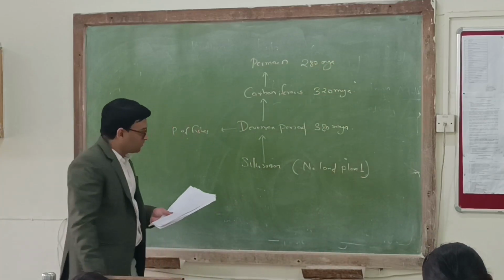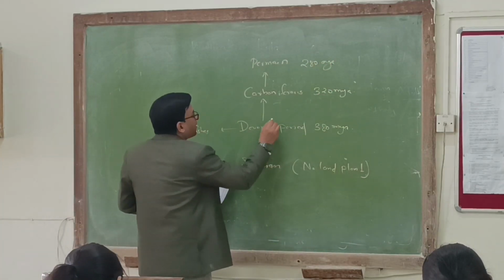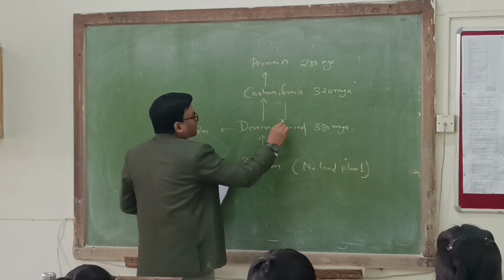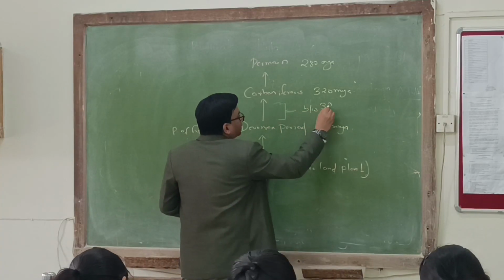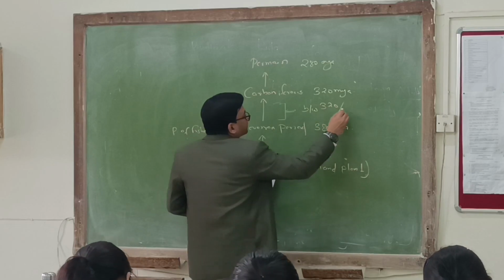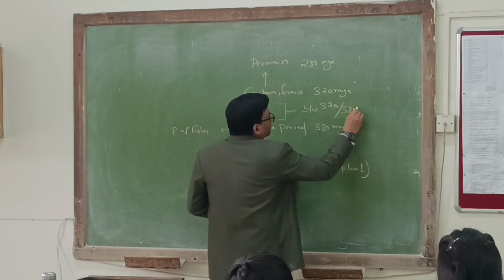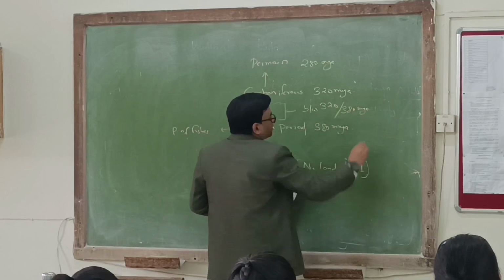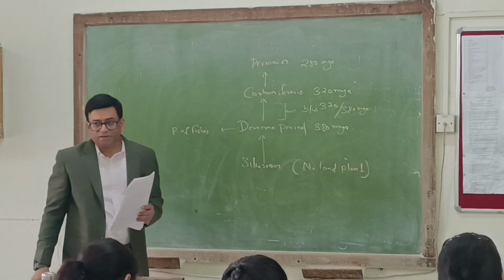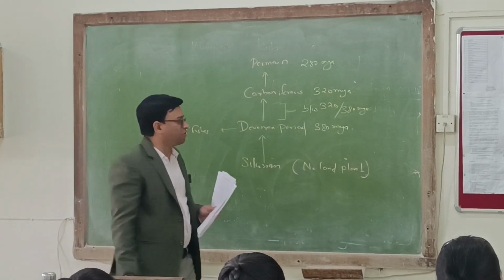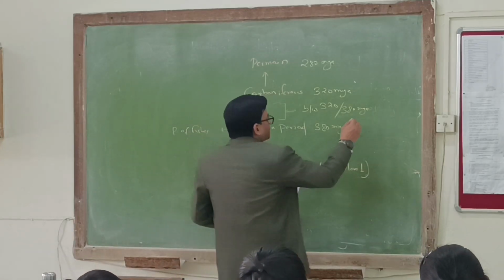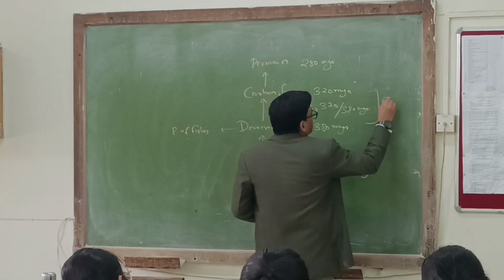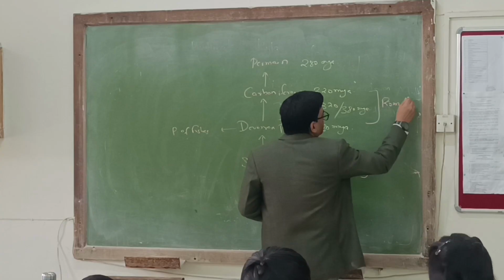Then between the Devonian period and the Carboniferous period, that means between 320 to 380 million years ago, there is a gap which is called Romer's gap. This is very important. Write down. There is a gap which is called Romer's gap.